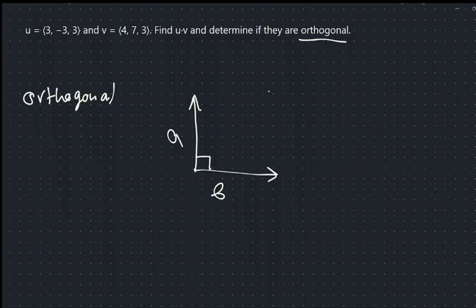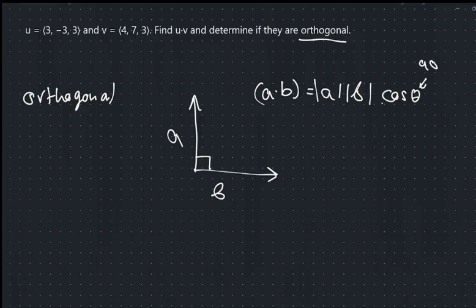And when we find its dot product, for example, A dot B, it's going to be, of course, the magnitude of A times the magnitude of B times cosine theta. And the thing is, theta is going to be 90 degrees. And what do we know about cosine 90? This whole thing is equal to 0.